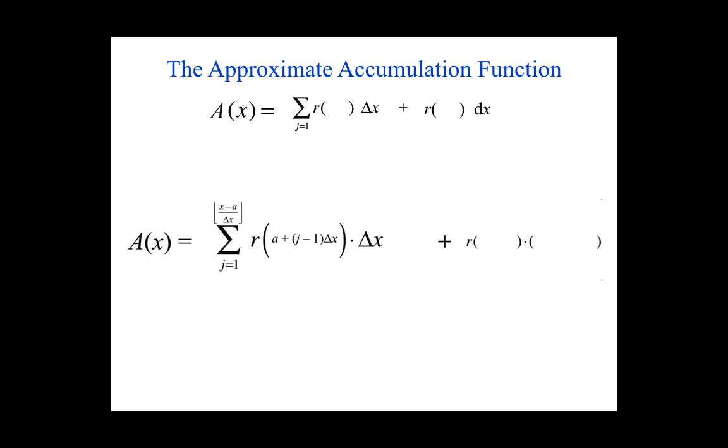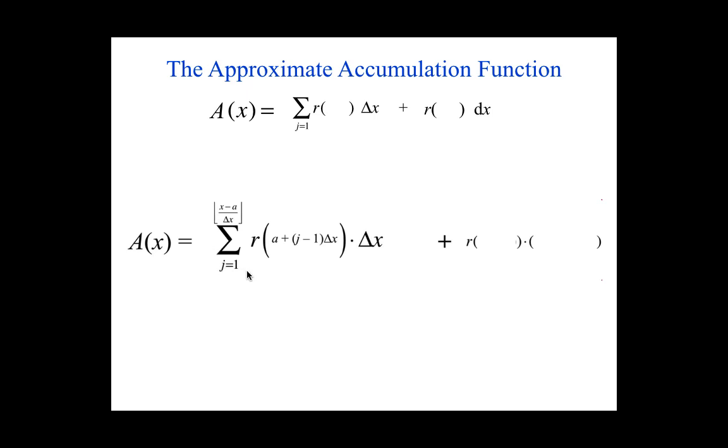So I'm evaluating it at a, and then a plus delta x, a plus 2 delta x, a plus 3 delta x, and so on, letting this go through all of the complete intervals. Each of those rate values gets multiplied by delta x, the width of a full interval. So I've got my rate times delta x for all these complete intervals, however many of them there are.